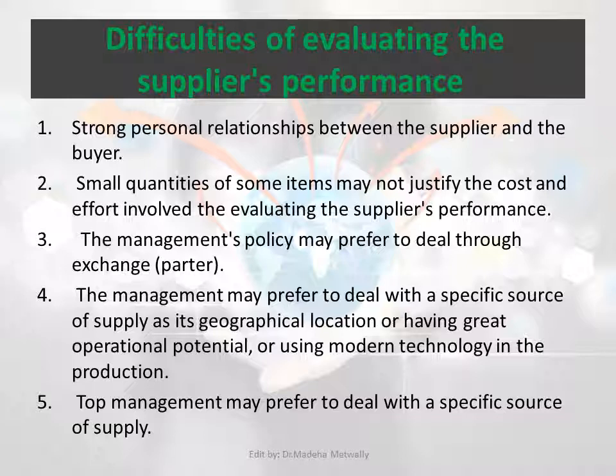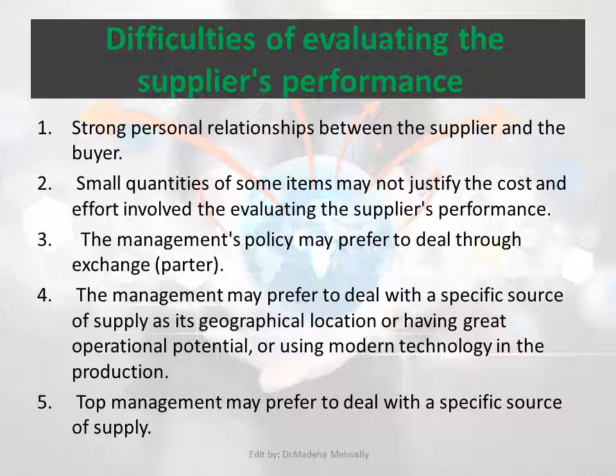Let's discuss the difficulties of evaluating the supplier's performance. First, a strong personal relationship between supplier and buyers. Second, small quantities of some items may not justify the cost and effort involved in evaluating the supplier's performance.